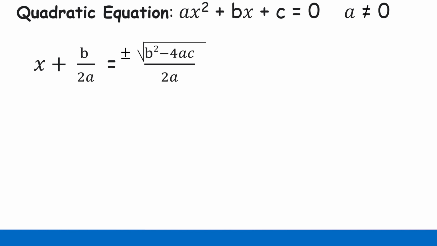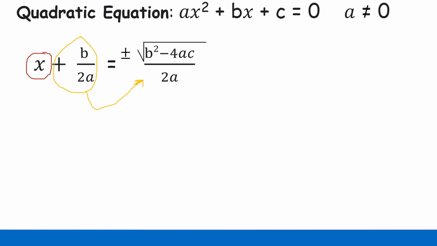We will be solving for x, so we will retain x on the left-hand side, and therefore we will be taking the expression plus b over 2a to the right-hand side, so that we have x alone on the left-hand side.